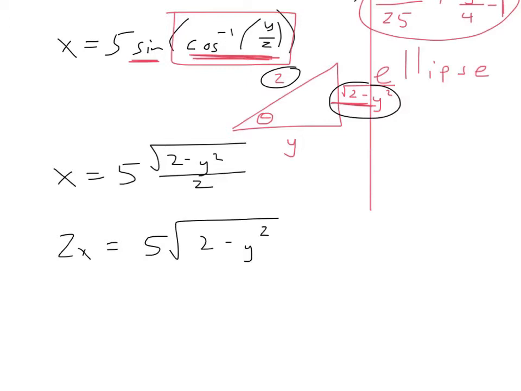If we square both sides, we'll end up with 4x squared equals 25 times 2 minus y squared. Oh man, I just realized that that 2 all along was supposed to be a 4. This one should have been 2 squared, so that would have been a 4 here, a 4 here, and a 4 here.